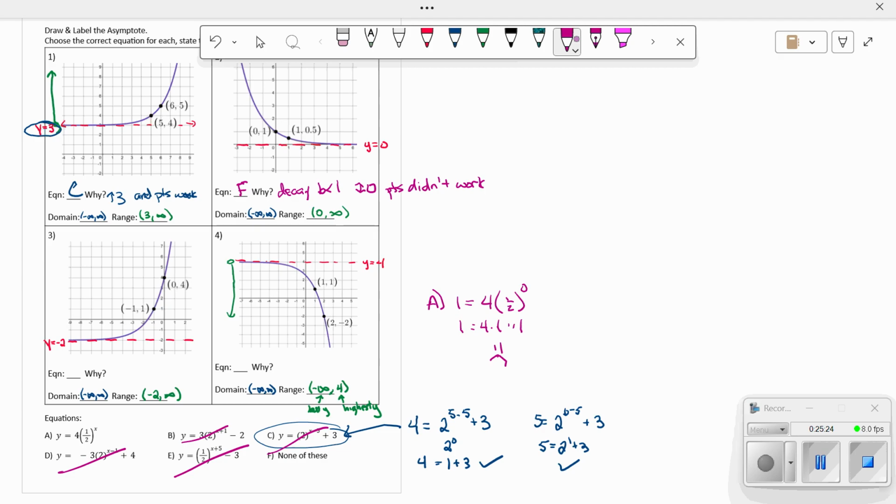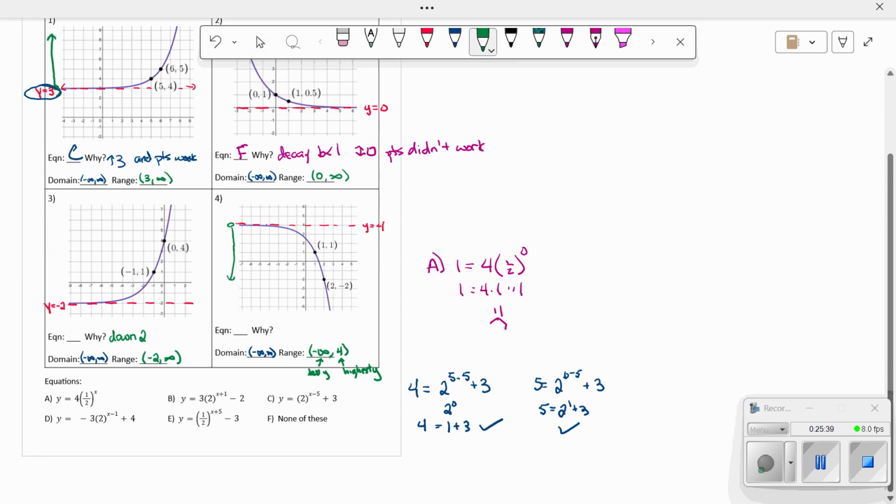Try that same process with the last two. See if you can get which equation it is, or if it's none of these. All right, for number 3, you know it goes down 2, so it has to be B or none of these. If I plug in 0, 4, 4 equals 3 times 2 to the 0 plus 1 minus 2.